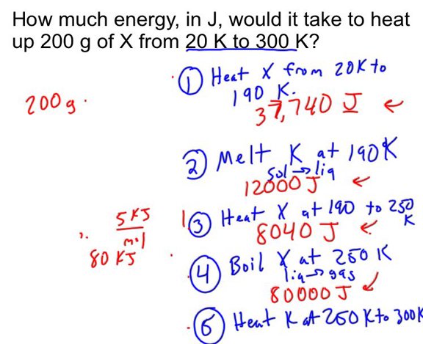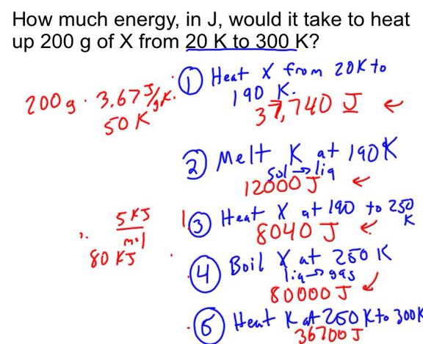We're going to use the specific heat of a gas now, 3.67 joules per gram Kelvin, times the final temperature change, which is 50 K. So I'm going to do 200 times 3.67 times 50. My final step is 36,700 joules.